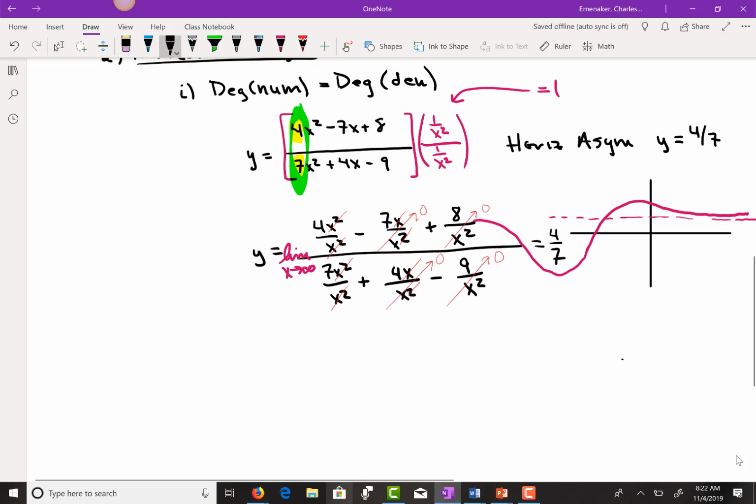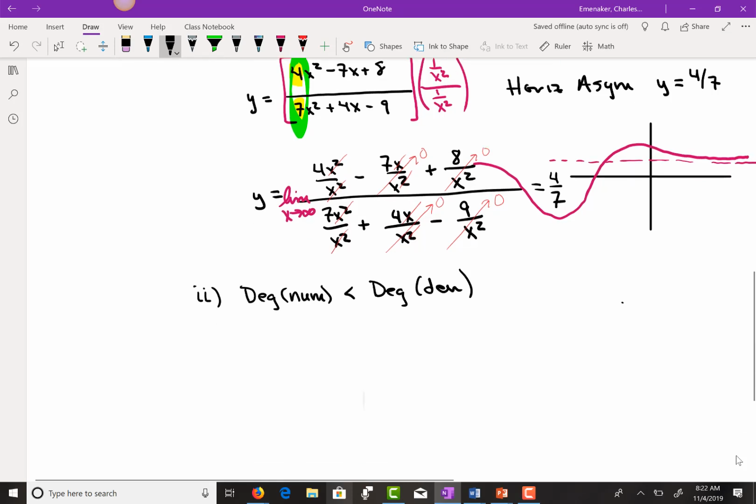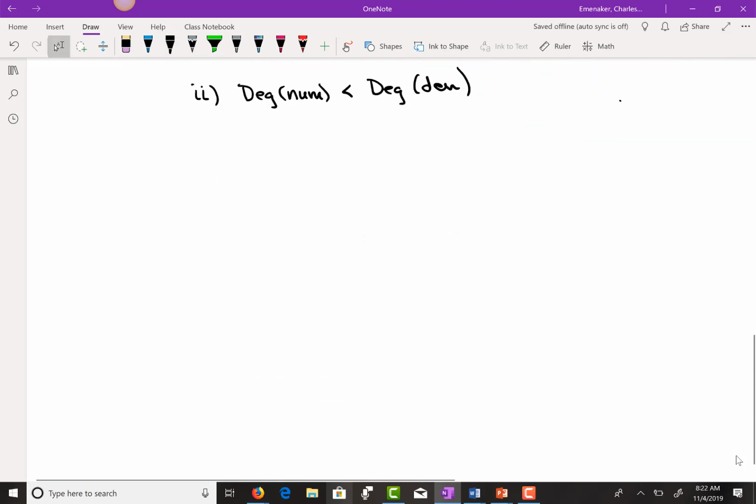Second place you can get a horizontal asymptote is if the degree of the numerator is smaller than the degree of the denominator. Okay, so what's that going to look like?